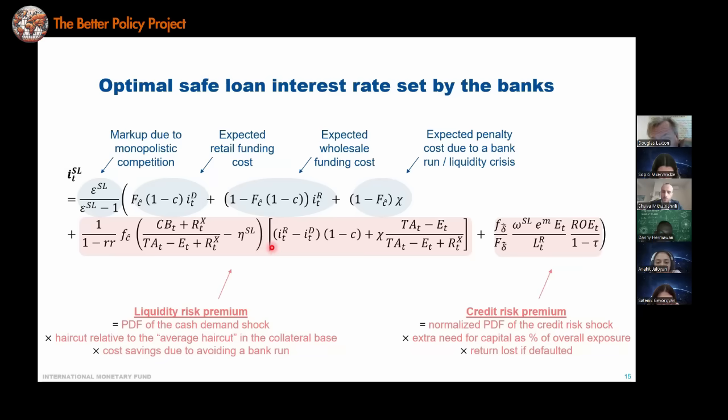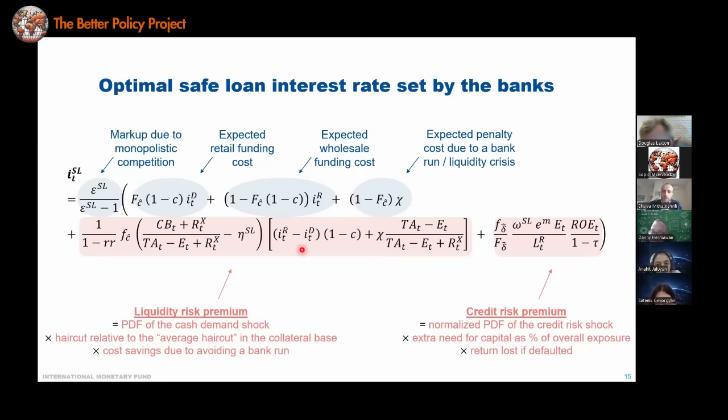The price of liquidity risk is in these square brackets, and it has two components. In total, they are the cost savings that having collateral-eligible assets gives you. When you insure liquidity risk, you essentially make sure that retail deposits do not leave your bank, which is beneficial because wholesale funding is costlier, since IR is higher than ID.